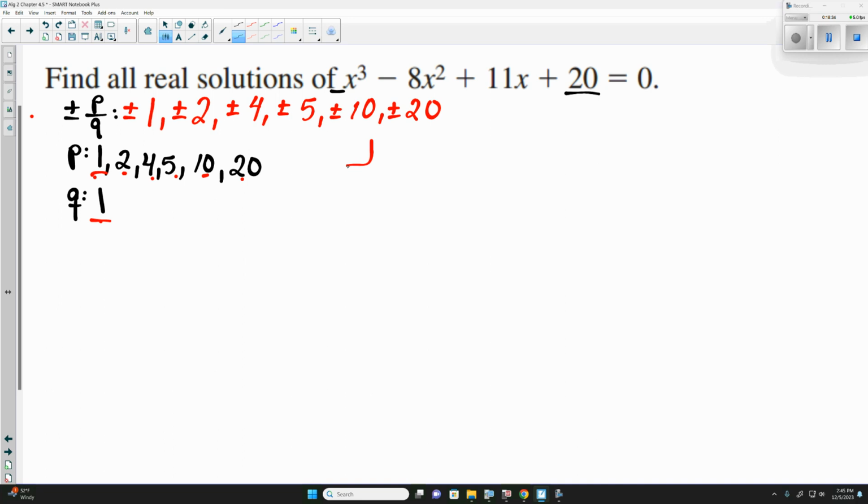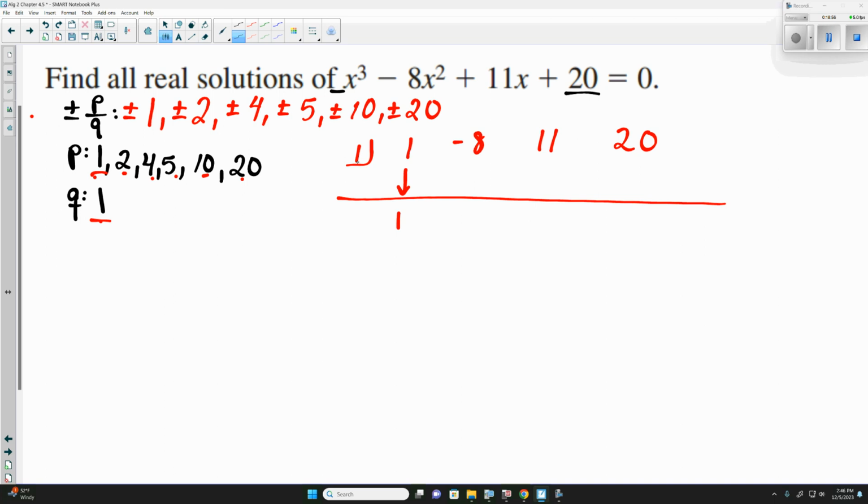So we're going to go the pure mathematical way. The numbers across the top would be 1, negative 8, 11, and 20. We bring the 1 down. And the first possible rational zero we would try is 1.